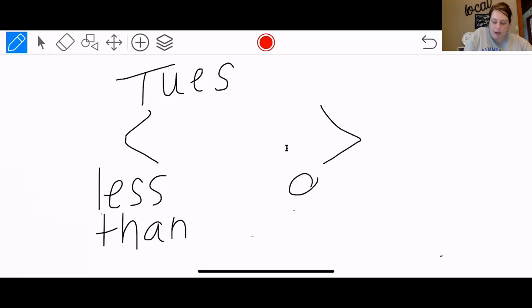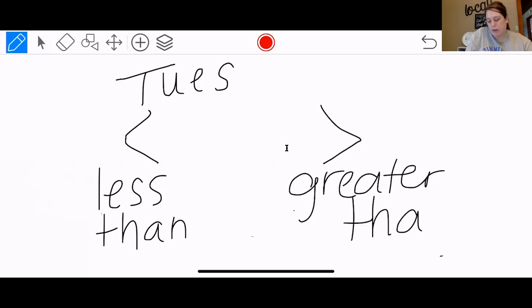This is greater than, and it's going to the right. You need to know those two symbols are super important. Whenever you're doing your work, if you don't know your symbols, you can get it confused, and then you'll get the answer wrong. So it's really important that you know these. So if you need to pause it here to copy these, you can.